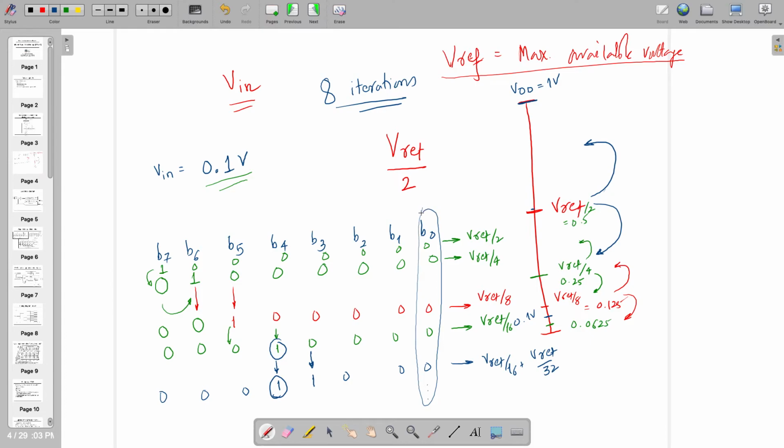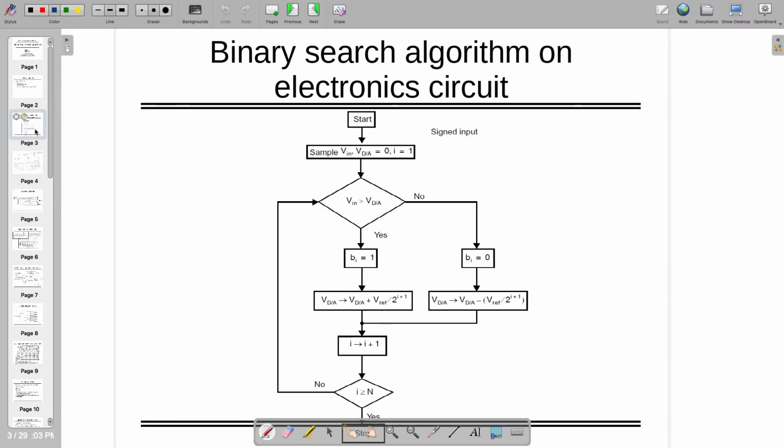If your output is more than the input, then you have to keep that particular bit as 1, next bit as 0, right? You have done this in your BTech, yes or no? So through that you can find out the code. That is what this whole successive approximation register or binary search algorithm does.